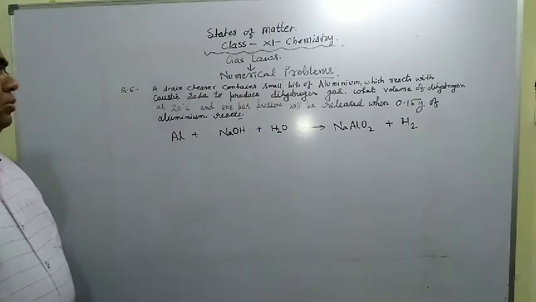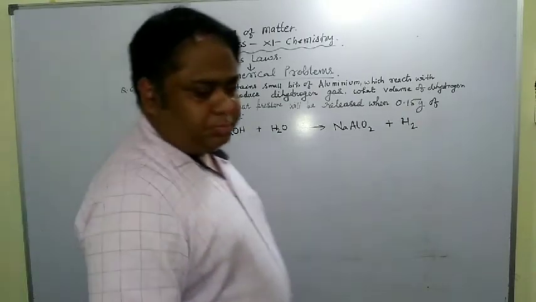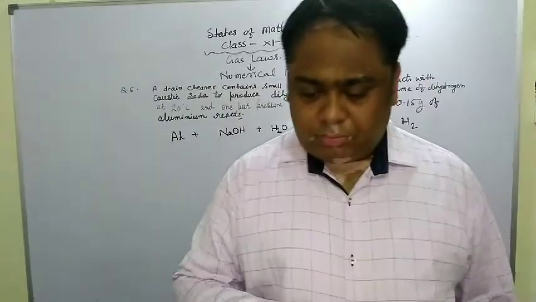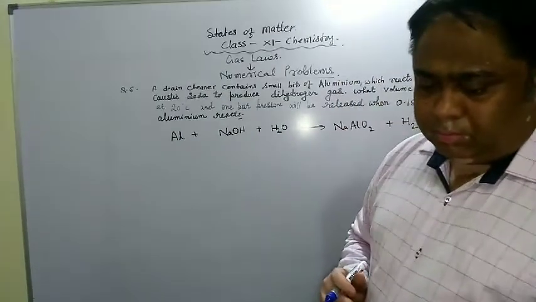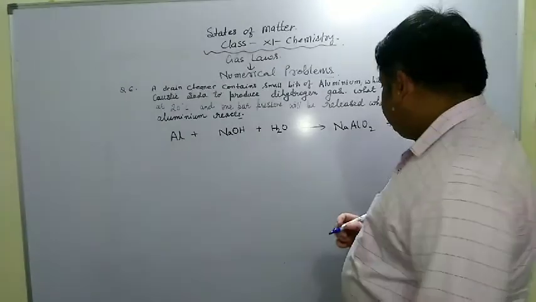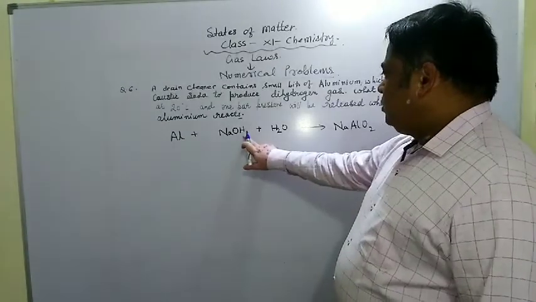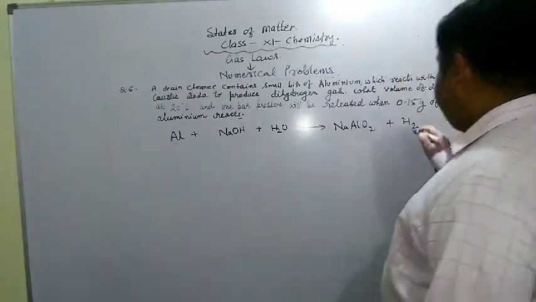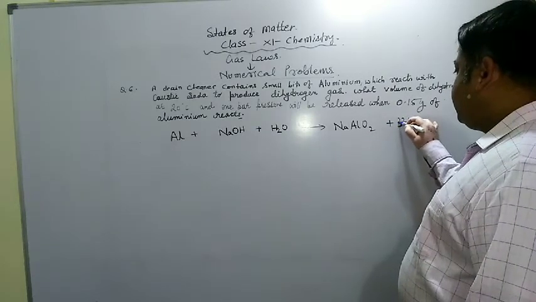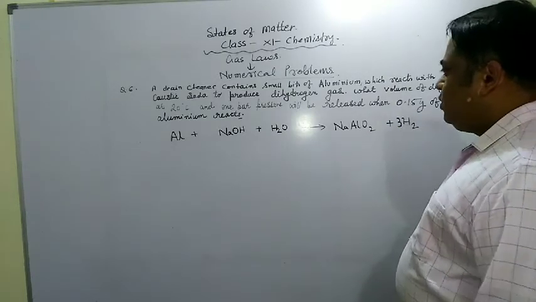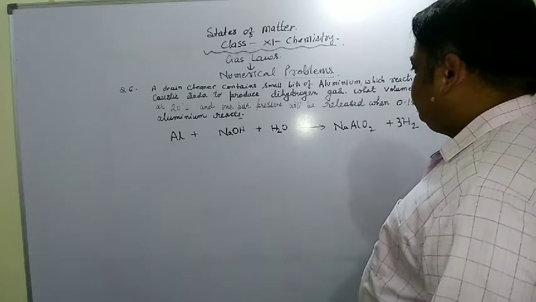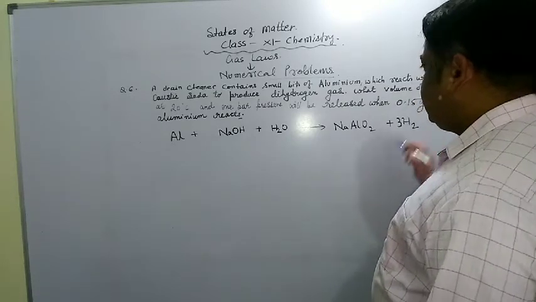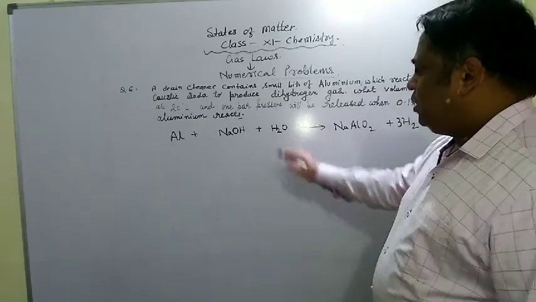So what we can do? Three is there, so we'll make it 3. Now it becomes 6 hydrogens, 2 are here.